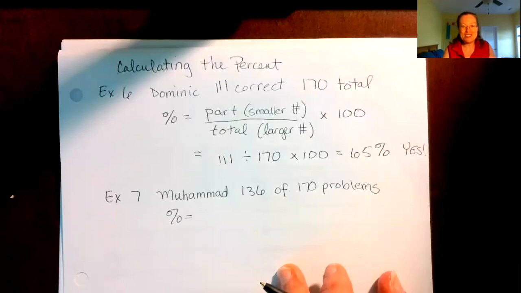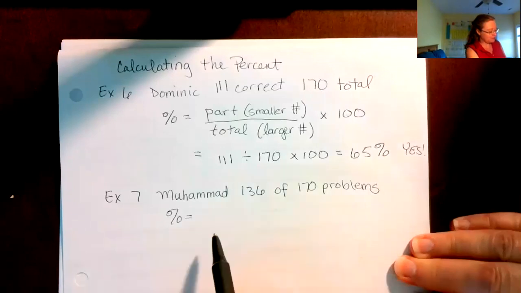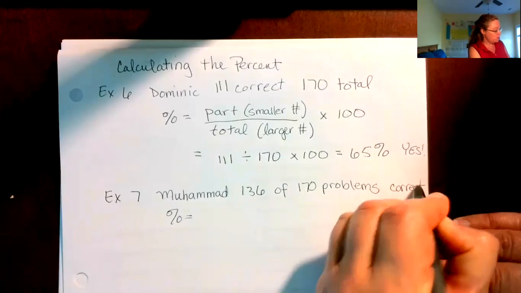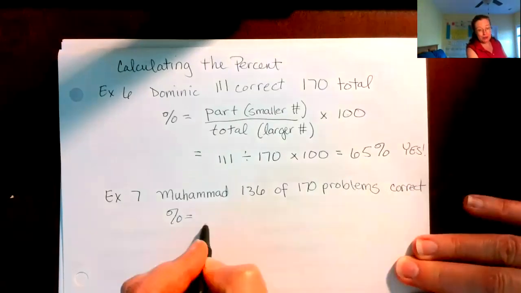For example 7, I'll give you a moment to pause and give this one a chance. Okay, Muhammad's got 136 of the 170 problems correct. Let's see if he can get an 80% or higher. Well, each time I'm going to write my formula. It helps get it into my long-term memory.